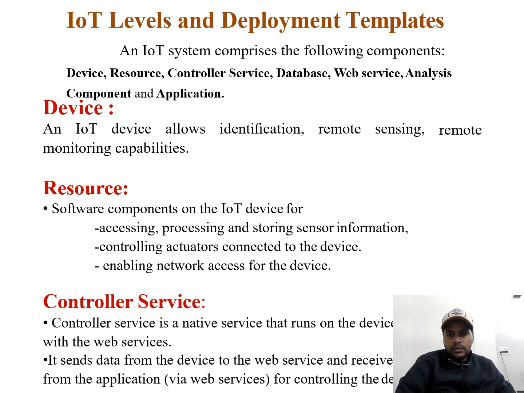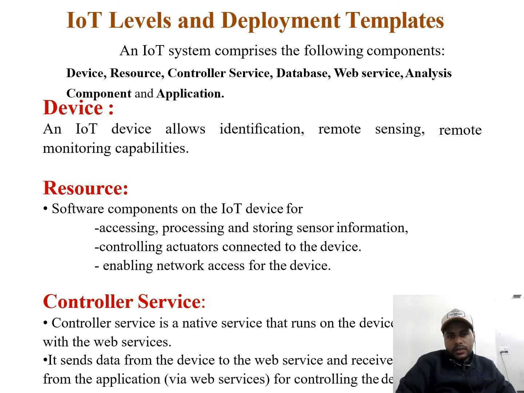An IoT system comprises of the following components. IoT system is having various components which are as follows. First one is IoT device. Second one is the resource, various software components on the IoT device. Third one is controller service that runs on the device with the web service.